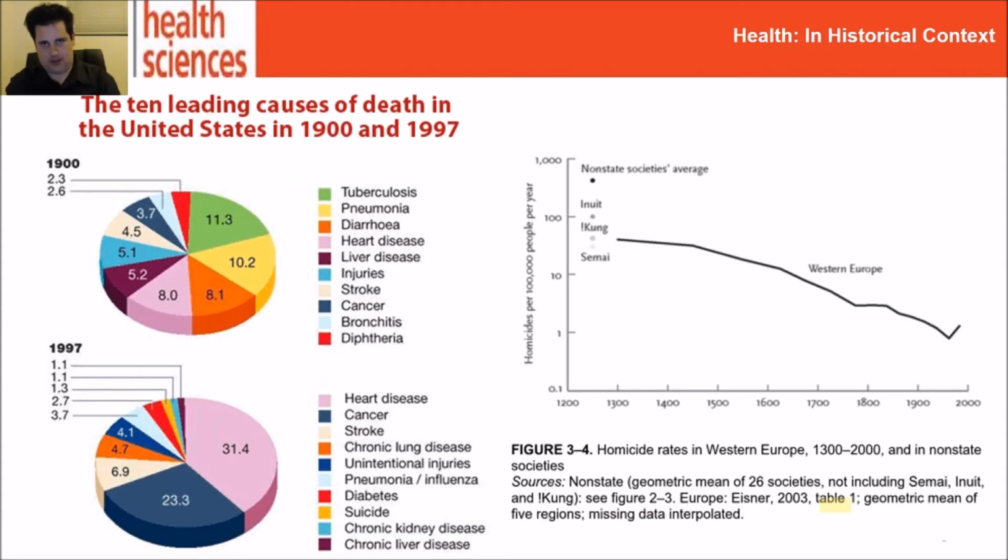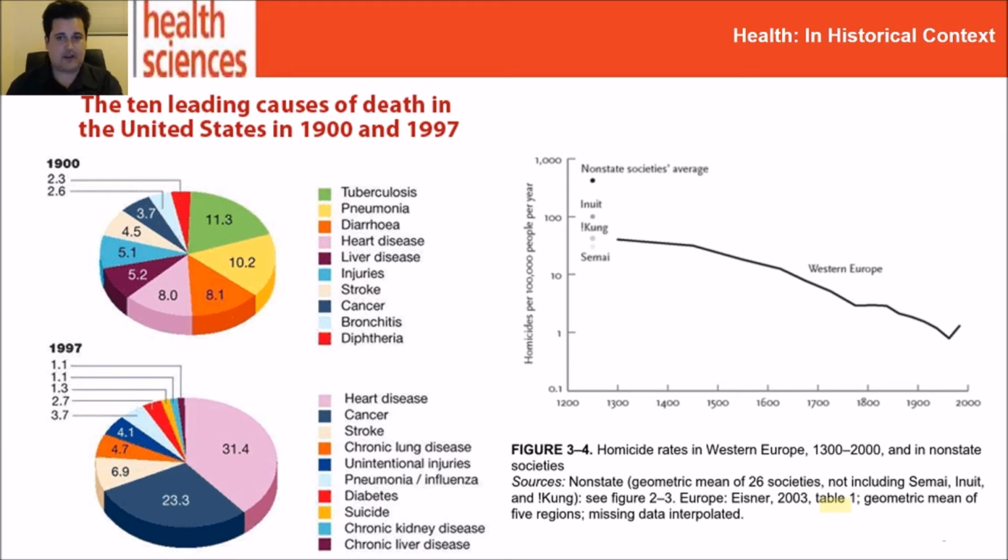On the left side over here are some pie charts comparing, even relatively recently in history, between the year 1900 and 1997, what kinds of different things people died of throughout the world. You can see there's a large presence of illnesses and infections, infection by parasites and viruses, for a lot of the percentages of people back in the 1900s, whereas nowadays we are mostly dying of much more benign things: heart disease, cancer, strokes.